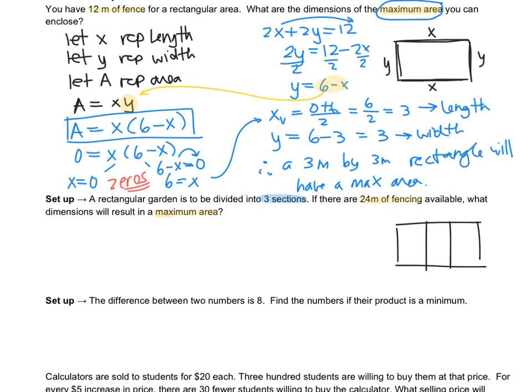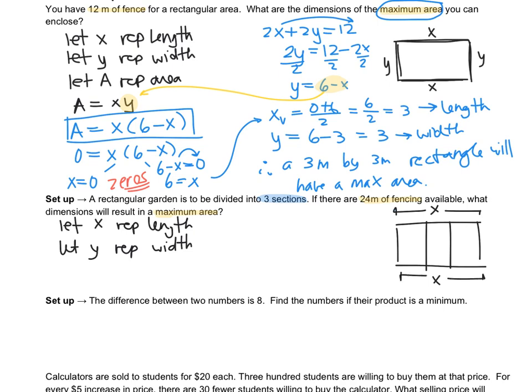So here we are. My let statements will still be the same. Let x represent length. Let y represent my width. But now, when I go to label my rectangle, I have two lengths here that span the entire garden.